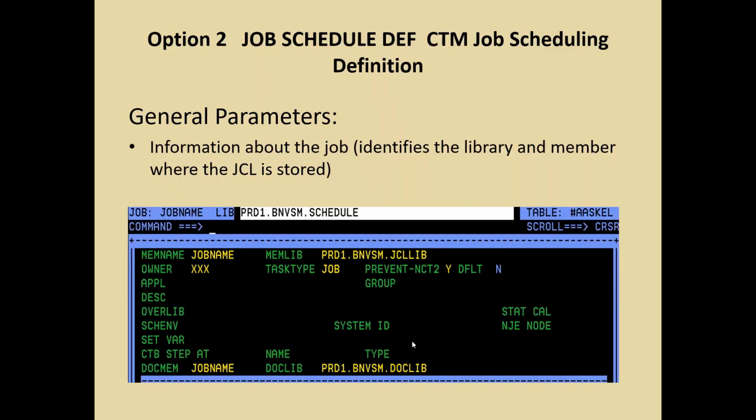So see, when it comes to Control-M, the jobs are scheduled in the form of tables. Like there is a job by the name job A, and there is a job by the name job C, and job B is a job which is in a different table. Now job A and job B will be scheduled in table AASKEL, whereas job C will be in a different table. So this scheduling is again classified on how these jobs will run.